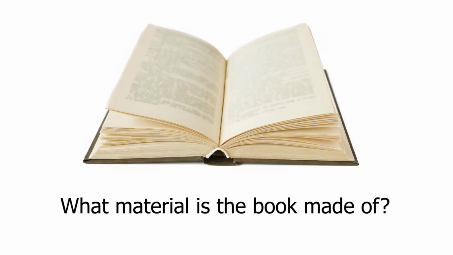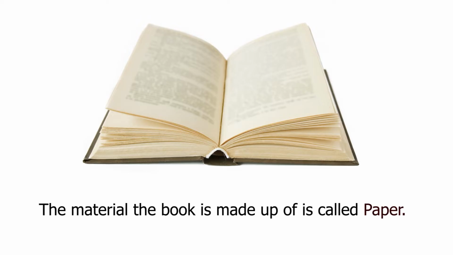Look at the book. Can you tell me what the book is made of? You're correct. The book is made of paper. So the materials are paper and glass.